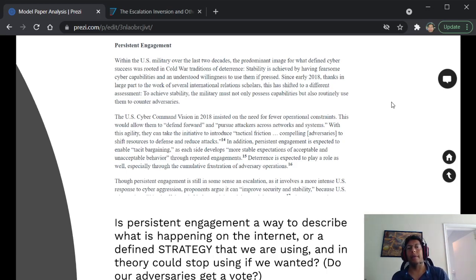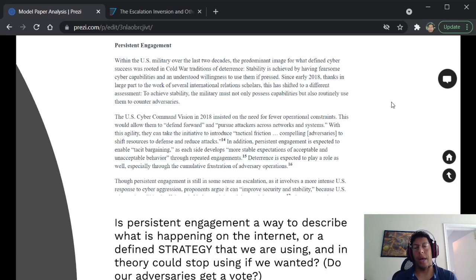And the question that I would love to ask everybody who is writing papers on this sort of thing is: is persistent engagement a way to describe what is happening on the internet, or is it a defined strategy that we are using on the internet? Like, can we stop persistently engaging if we want? If we want to, and we decide to do that, do our adversaries get a vote? These are all questions you're going to have to ask yourself.